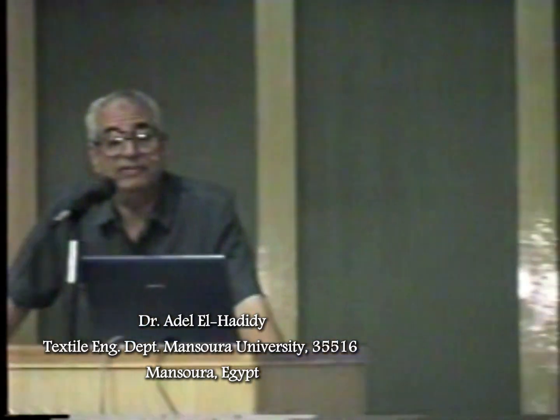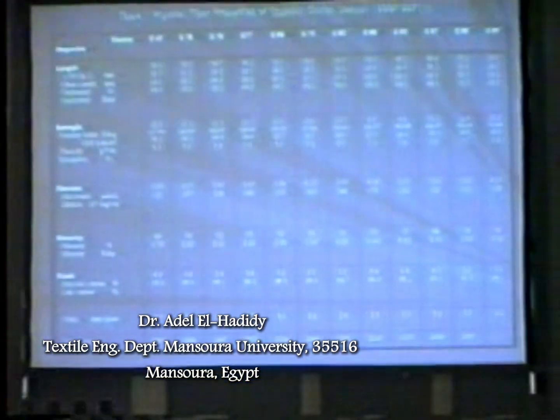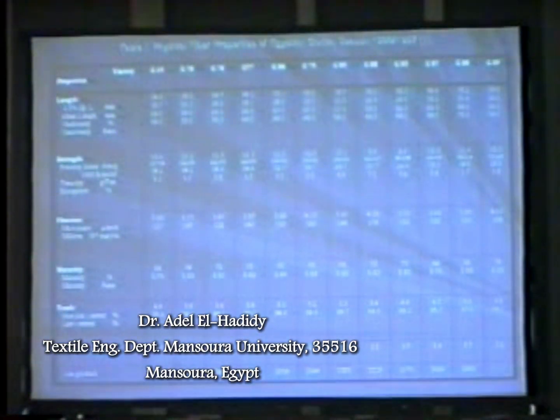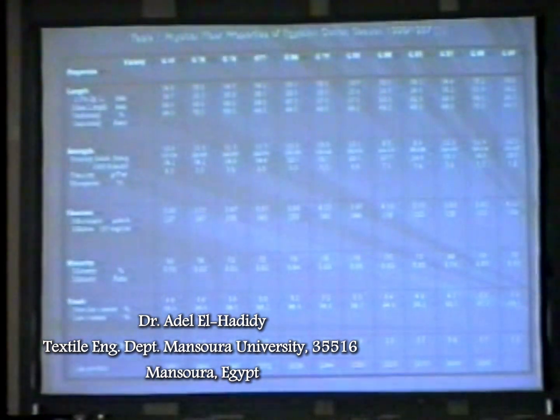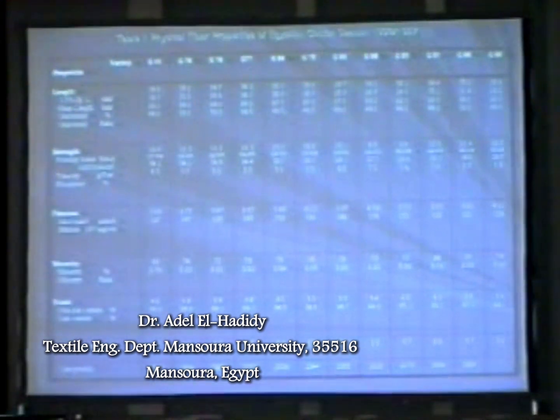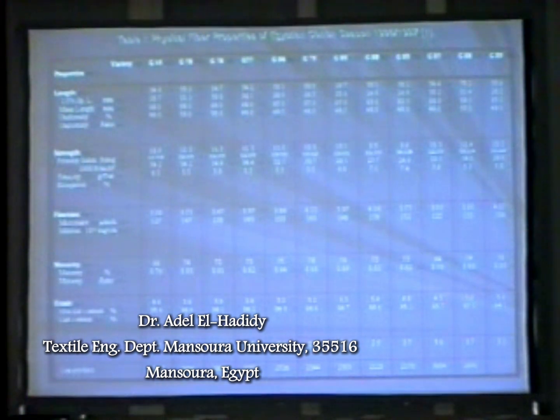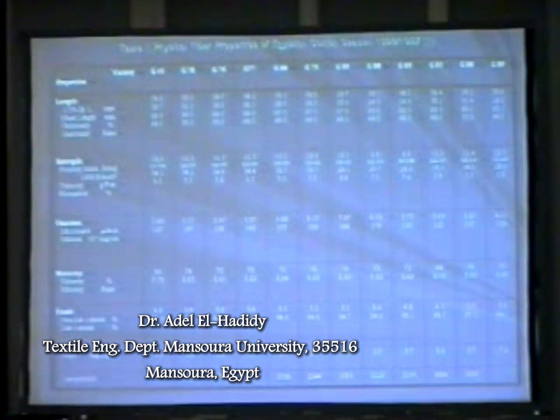Table 1 shows physical fiber properties of Egyptian cotton season 96-97 as an example. It is clear from the table that it is a mathematical matrix. This matrix consists of rows such as Giza 45, Giza 70, Giza 76 and so on till Giza 89.